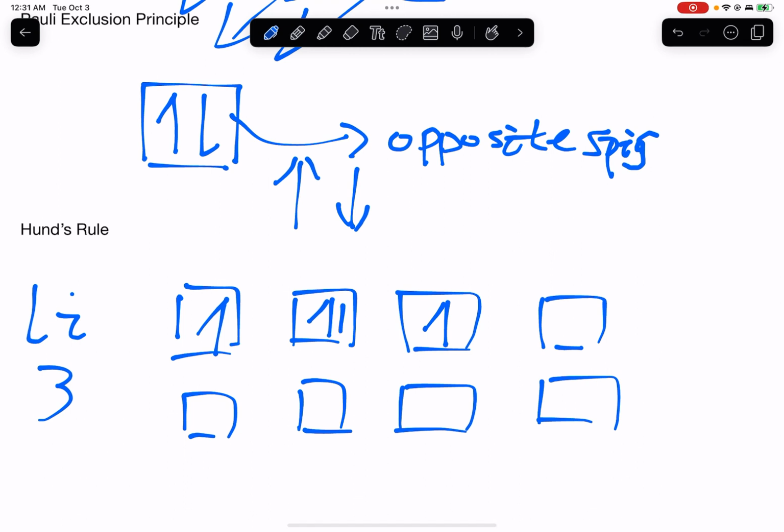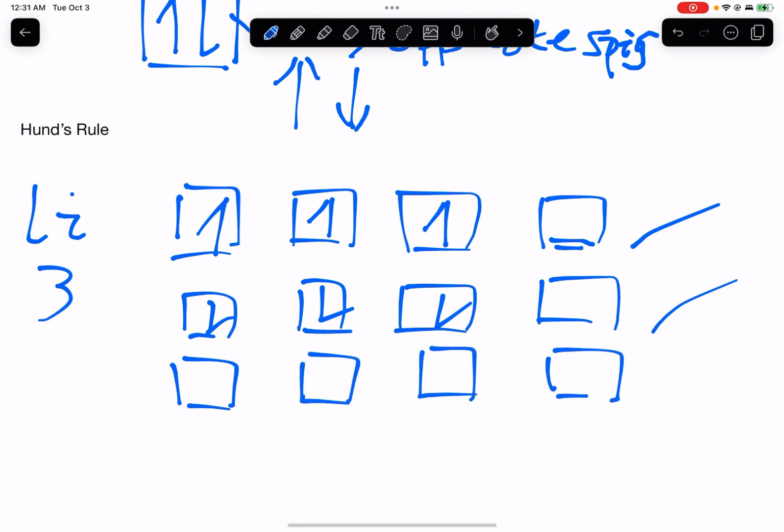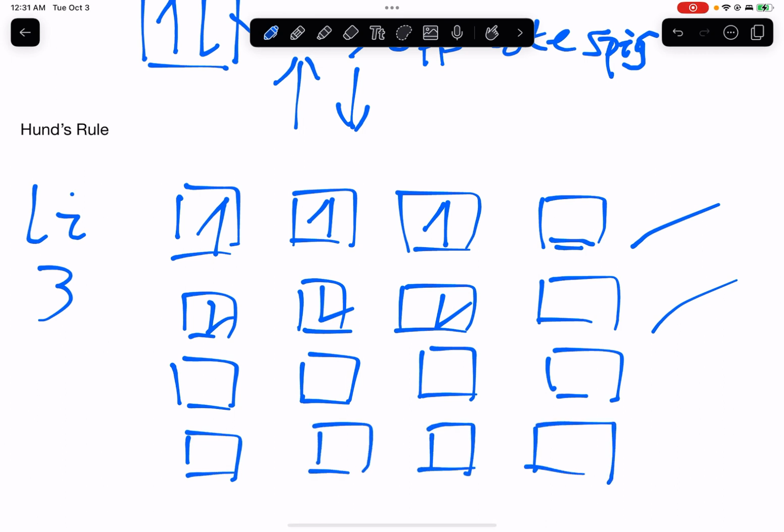Pairs look like this, but you have to make sure every single box has a single electron first. Or some people might do it like this, this, or this. Still correct, basically the same thing, but working the other way around. There are two ways that people might be confused about, but when I introduce a new concept, you will get the understanding.